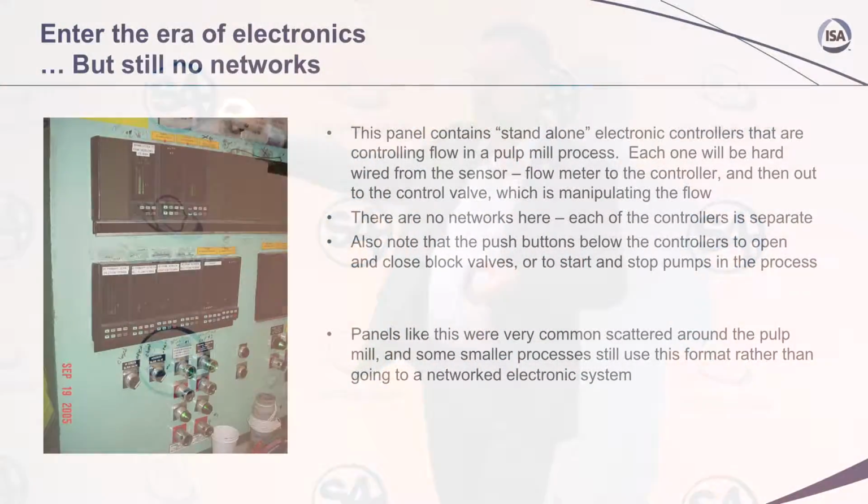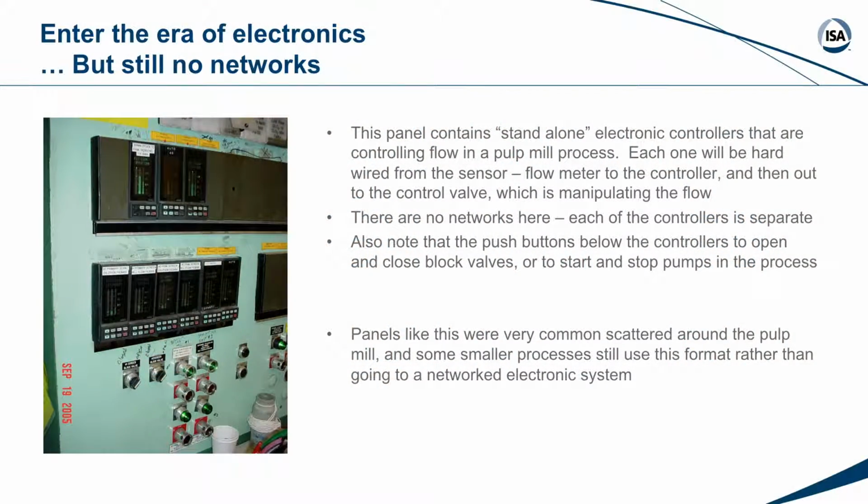Now you have basically a sensor in the field that has a twisted pair wire connecting it to this controller, this control panel, and then you have another twisted pair wire that goes out to the control valve to manipulate the flow. So if you're controlling flow, you've got a sensor that's measuring something like the differential pressure across an orifice plate, sending back that signal, and then the operator interfaced with it through these types of standalone controls.